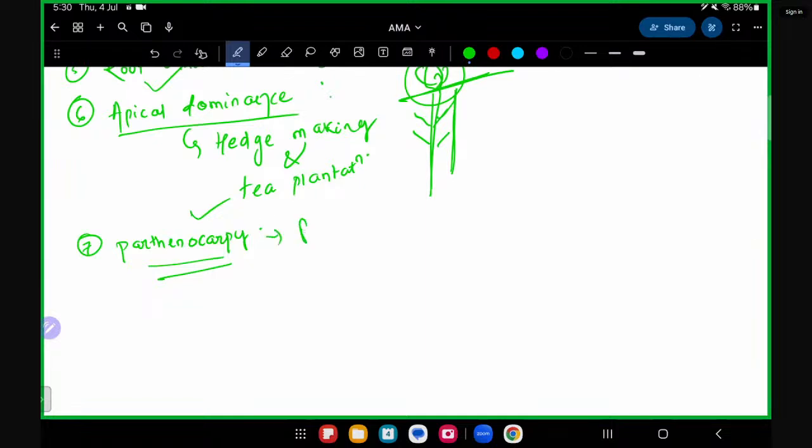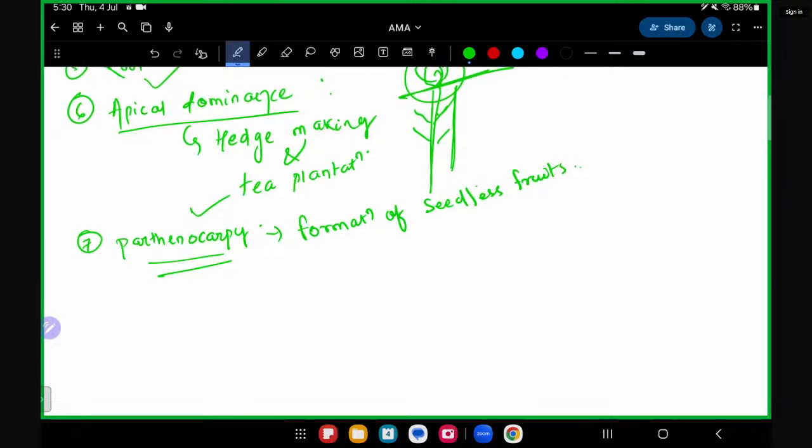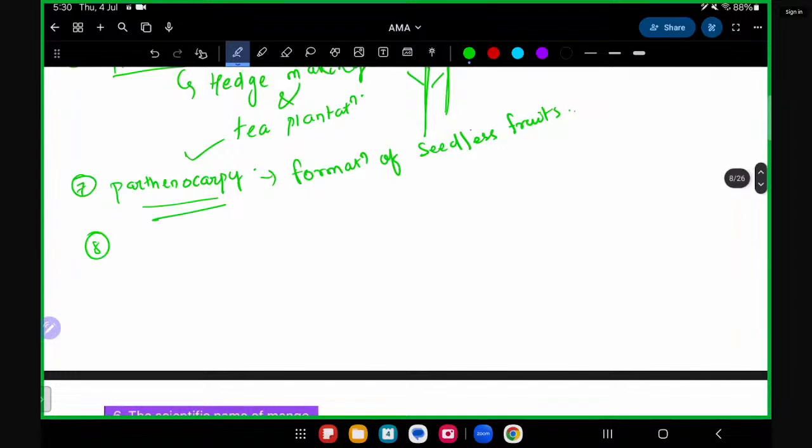Parthenocarpy means formation of seedless fruit. Okay. Here also gibberellin helps. Gibberellin stimulates the fruit development. So you can add another function, that is fruit development.